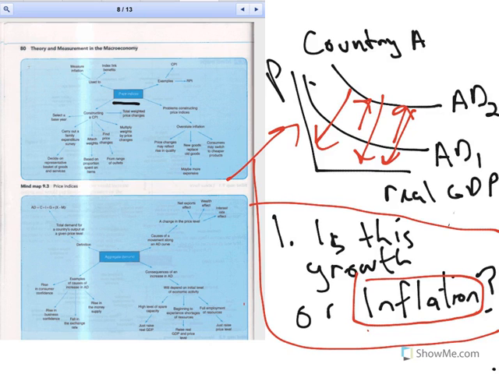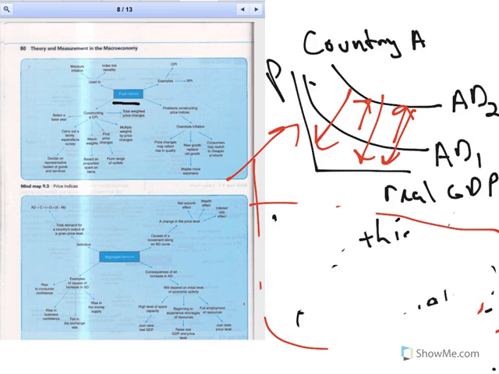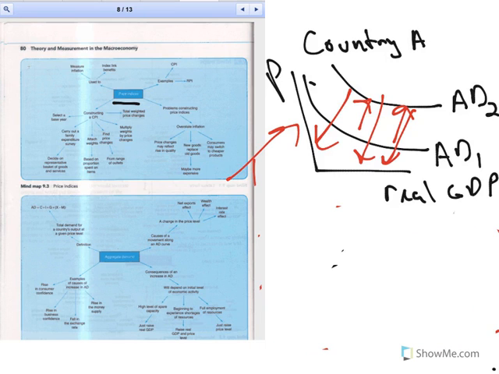To be more specific, we have two different things that determine aggregate demand: price and quantity.